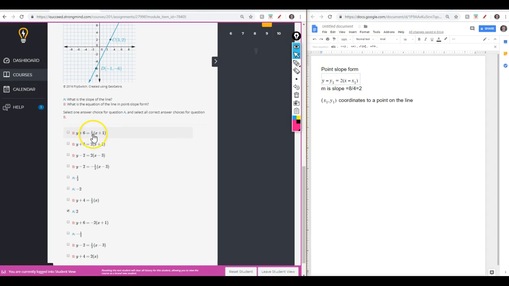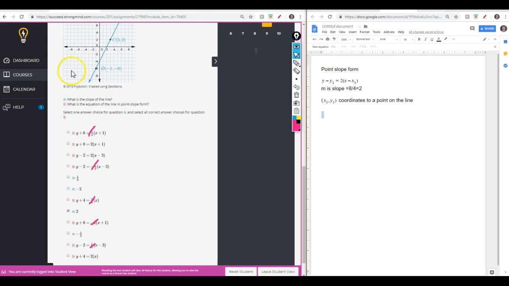So anything that has not a 2, I'm going to eliminate. So that's not a 2, that's not a 2, that's not a 2, that's not a 2, it's -2, that's not a 2.